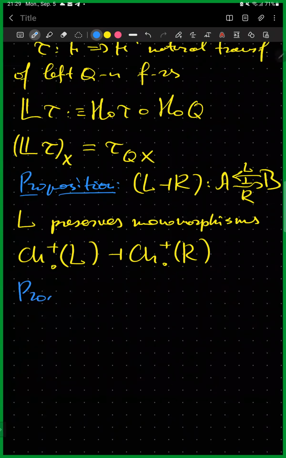Since we have a pair of functors between abelian categories, they preserve split epimorphisms. So the functor preserves split epimorphisms.